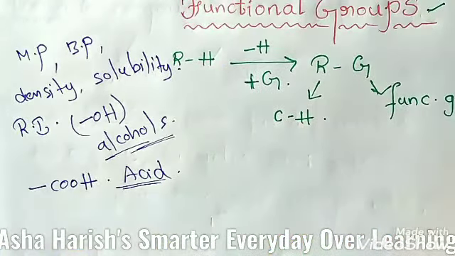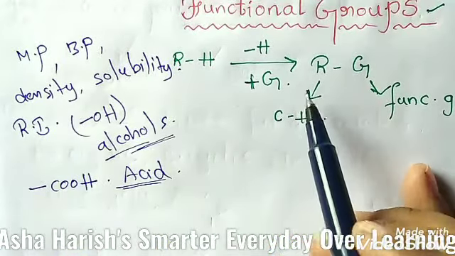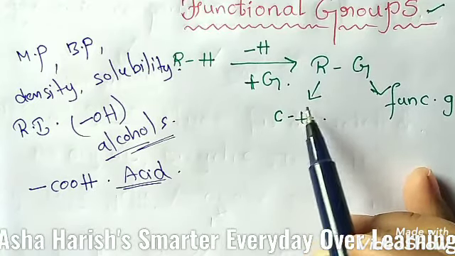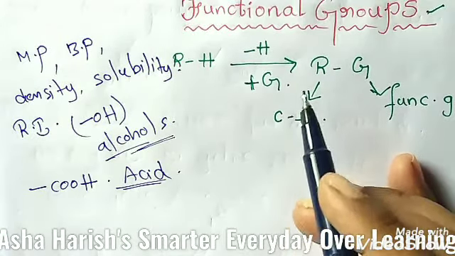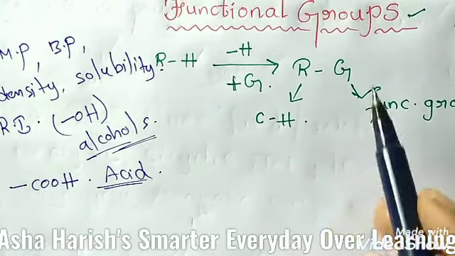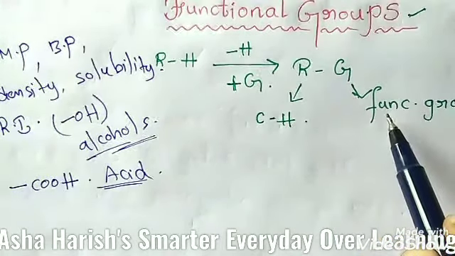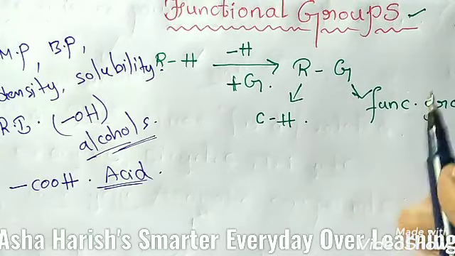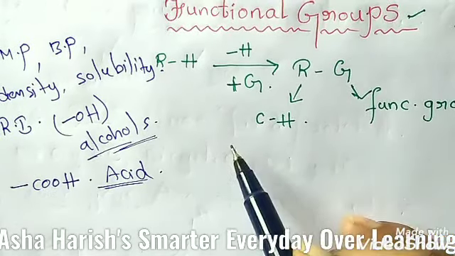From all the above discussion, it follows that the chemical properties of any organic compound are the properties of its functional group. In other words, all the organic compounds containing the same functional group show similar chemical reactions.